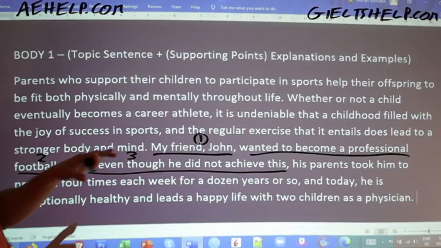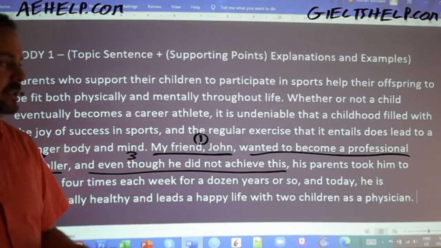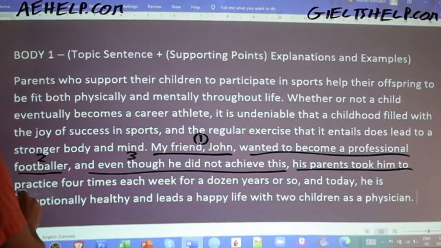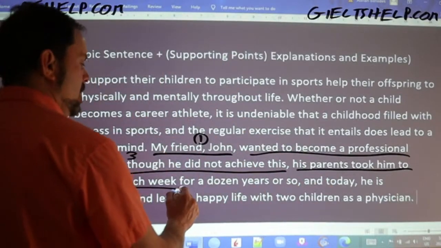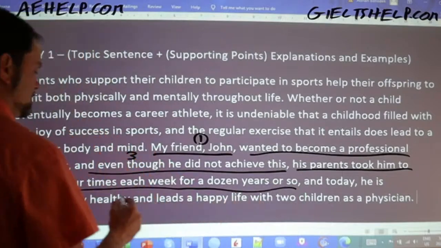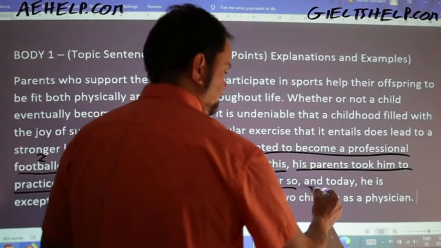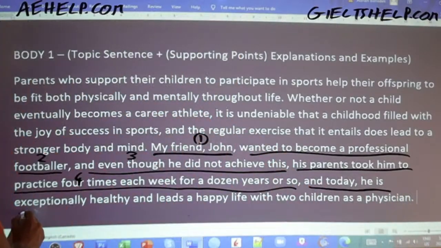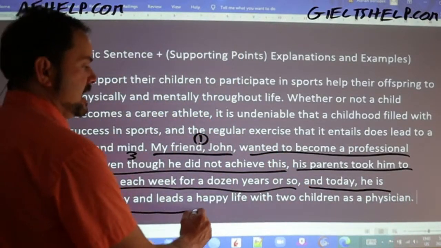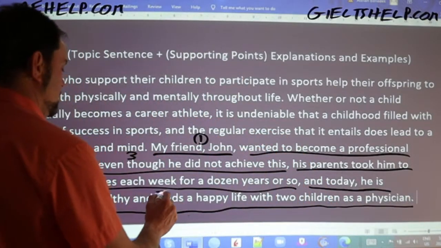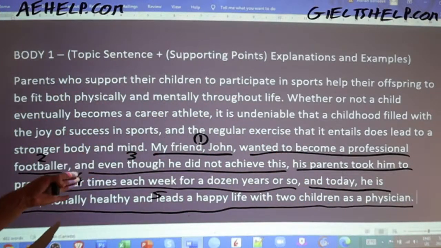These are all separate ideas that are connected. His parents took him to practice 4 times a week for a dozen years or so. Let's call that part 4. And today, he is exceptionally healthy and leads a happy life with 2 children as a physician. Let's call that part 5. So we have 1, 2, 3, 4, 5.